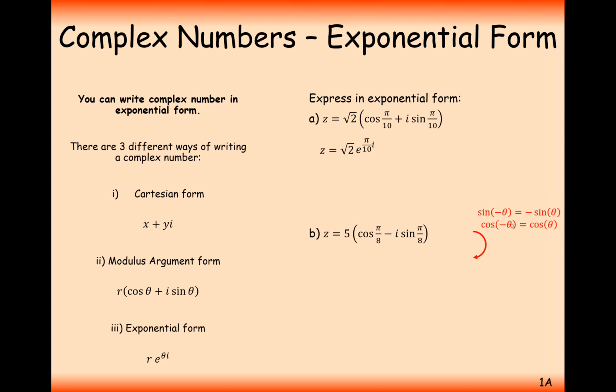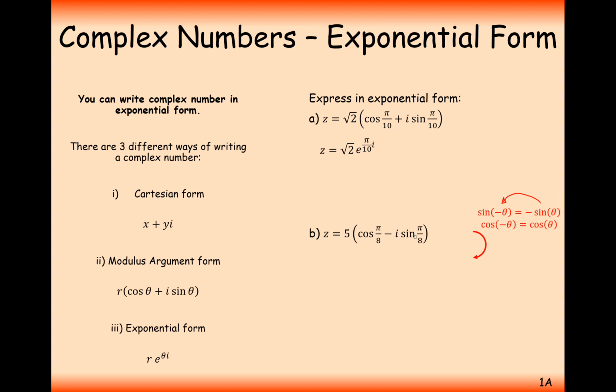What this is saying is that on the sine graph, if you do a reflection on the y-axis from left to right, that's just the same as a reflection from up to down, with the minus at the front there. So that's saying that if you've got a negative symbol in front of sine, then you can actually move that negative symbol into the angle, into the pi by 8.